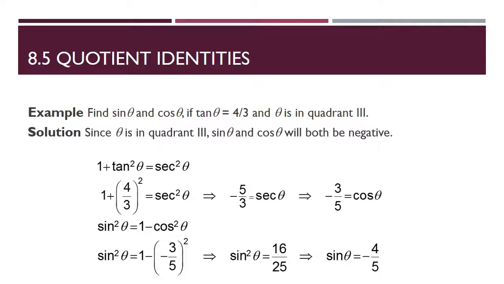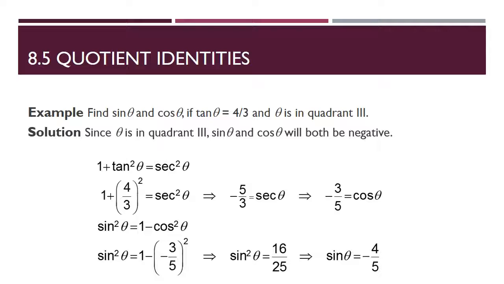All right, since the angle is in quadrant 3, that tells us sine and cosine will both be negative. We know that 1 plus the tangent squared equals the secant squared. So 1 plus 4/3 squared equals secant squared. Why do we go with negative?